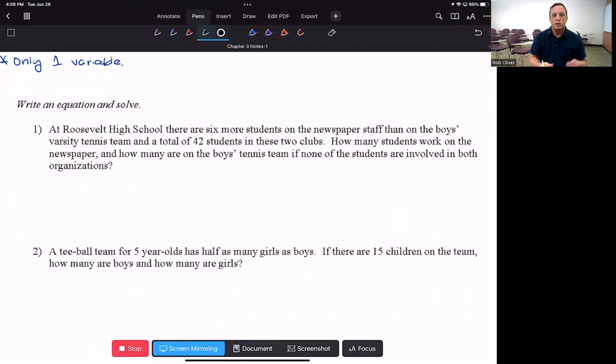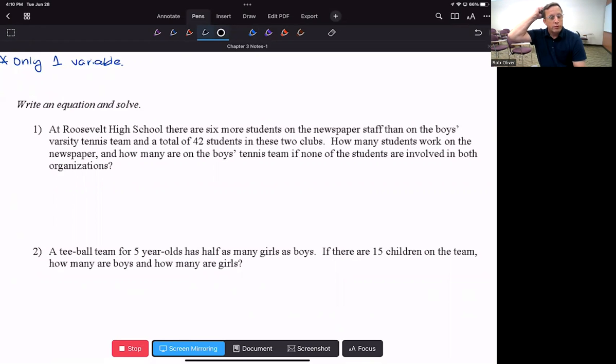And if that doesn't work, try 35 newspaper staff people and 7 people on the tennis team. But like I said, that's a brute force plug and chug guess and check method, which works fine for a lot of people, but it can also be frustrating because you can go through a lot of iterations of the problem before you actually get to the answer.